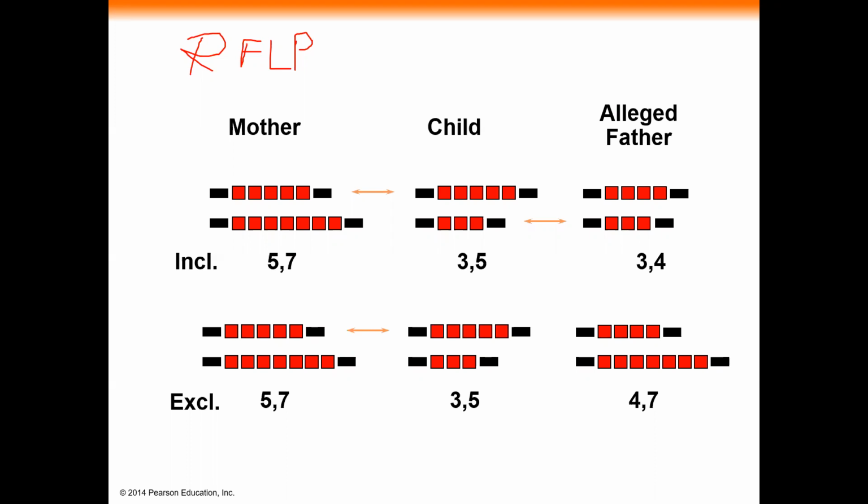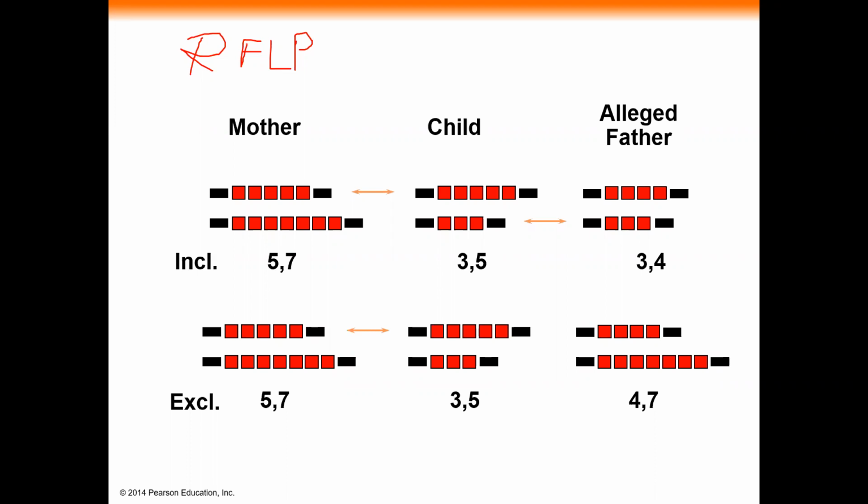So what should happen is that if the mother is related to the child and the father is also related to the child, the child should have a combination of DNA fragments that's a mixture of the mother and father.